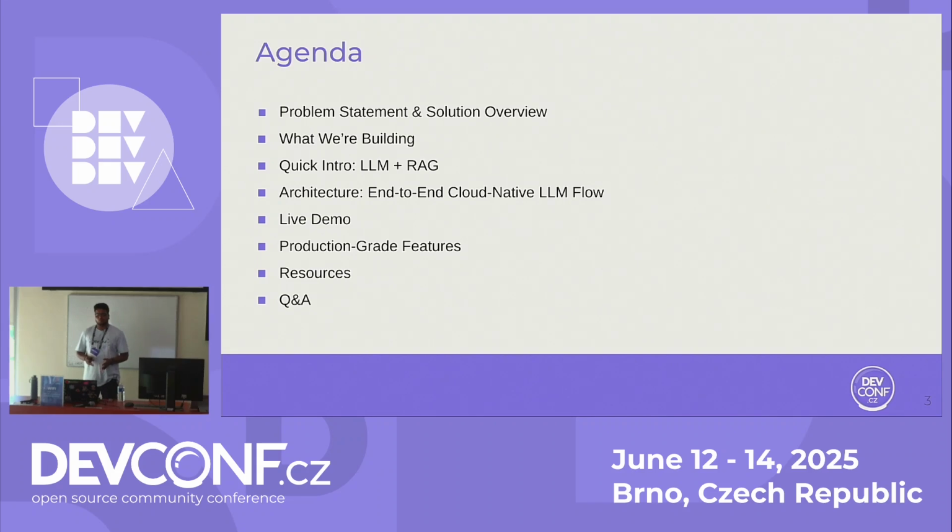Then we will see a full detailed demo of that application, how we created it from scratch, and how we are deploying it in production with DevOps practices. We will talk about some production-grade features you need to ensure. Then I will share all the resources, and at last, I will take your questions.